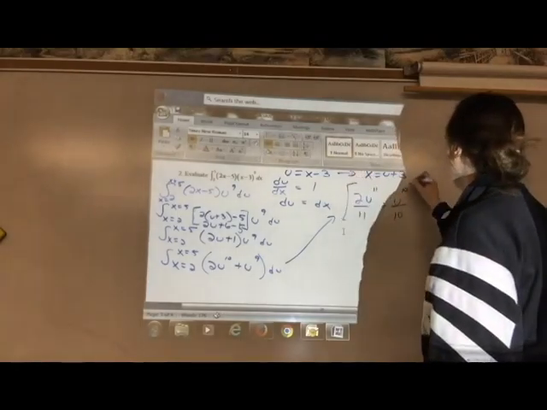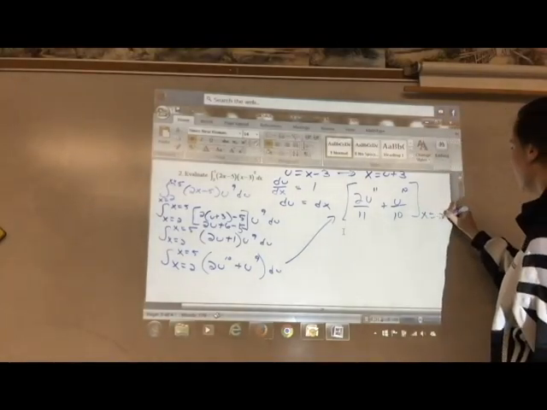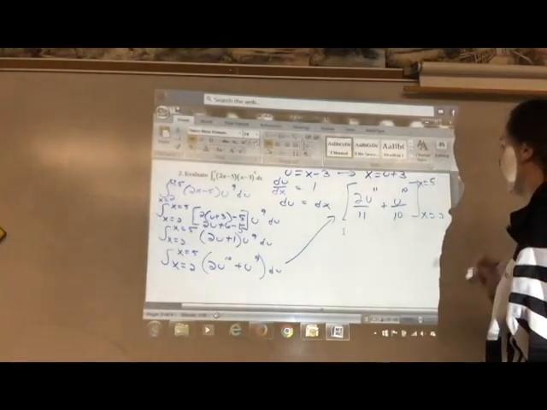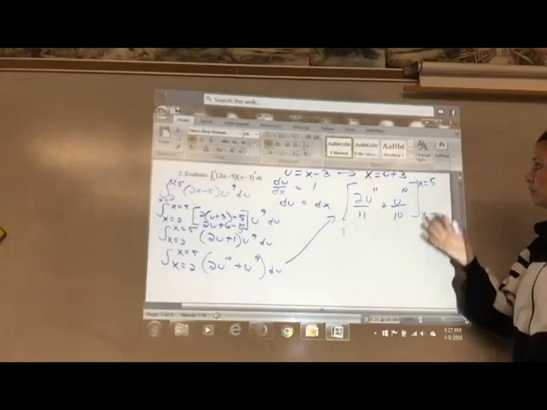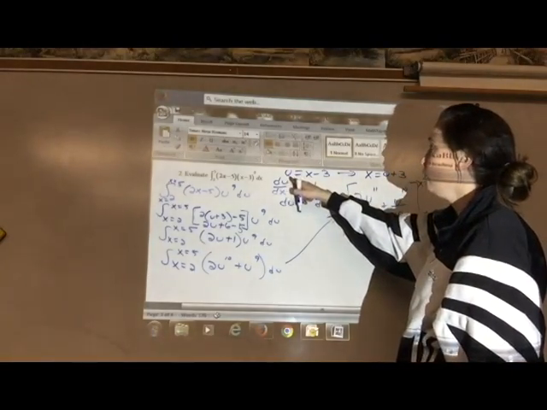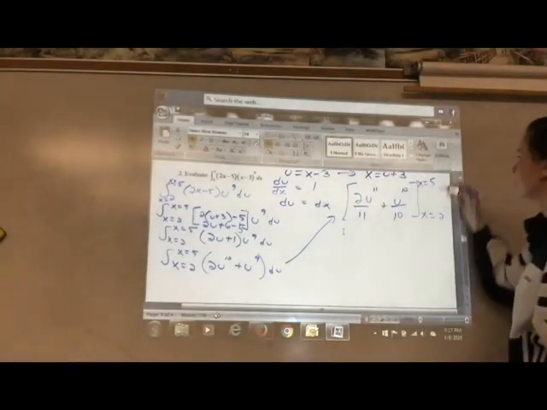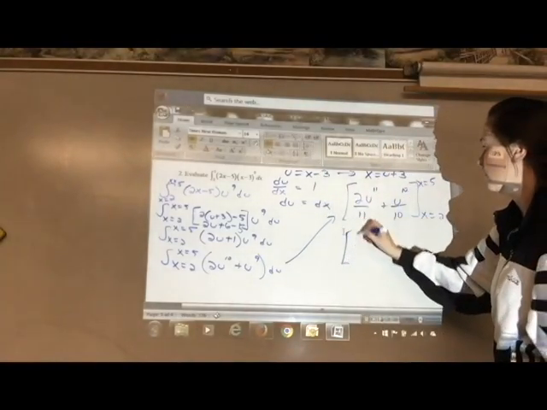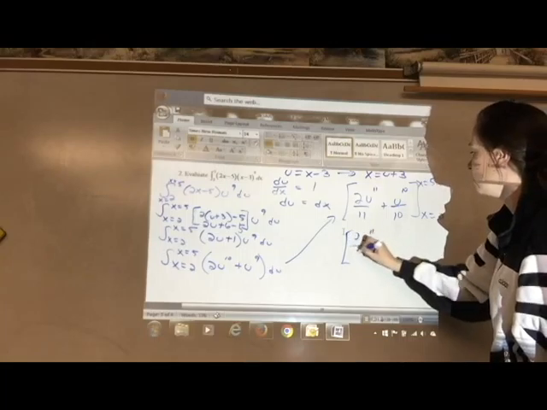And that has to be evaluated with our bounds. So right now my bounds are in x's. I'm going to turn them to u's. So if x is 5, u would be 2. So I'm going to just rewrite this with my new bounds.